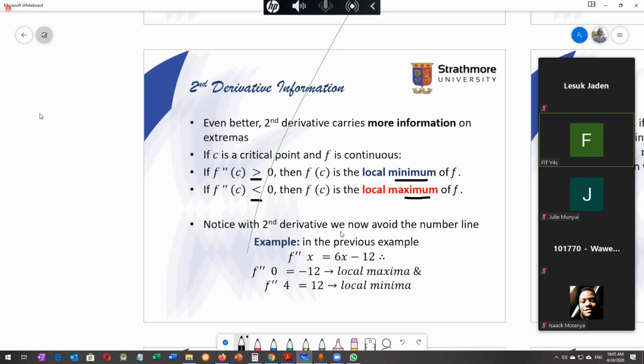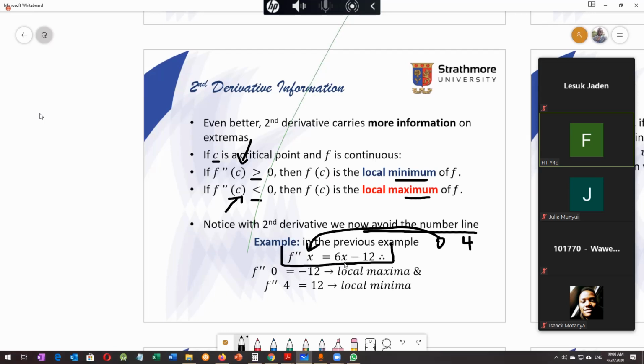Notice with second order derivative, we now avoid the number line and so many tables. So you can actually see how I did that. After getting the critical points, I just fix, you see C is a critical point. So I fix my critical points here in the second order derivative. So the second derivative of the function given above is this one, 6x minus 12. And the critical points are 0 and 4. So I just fix 0 here first.